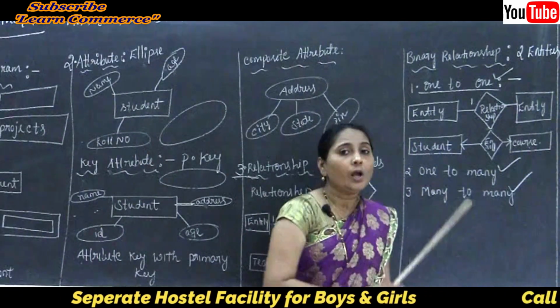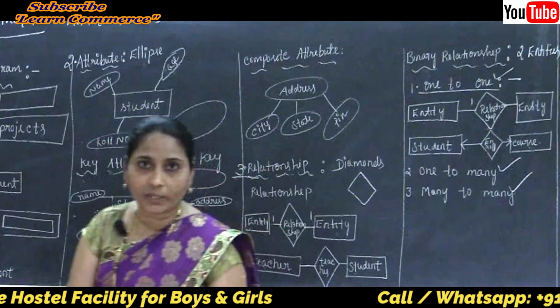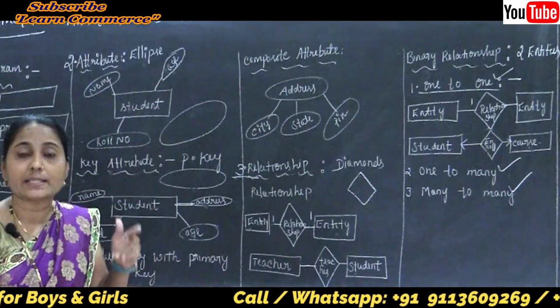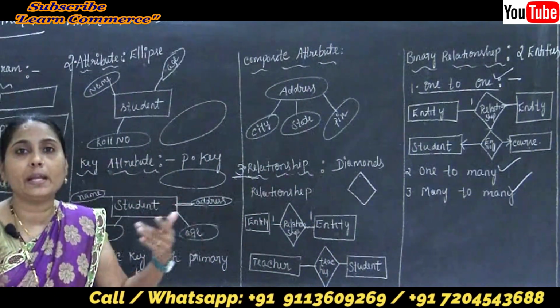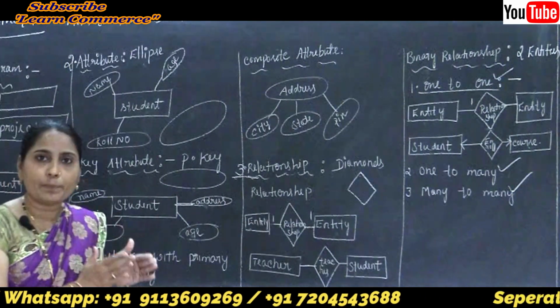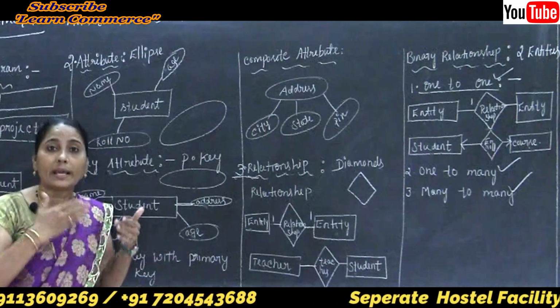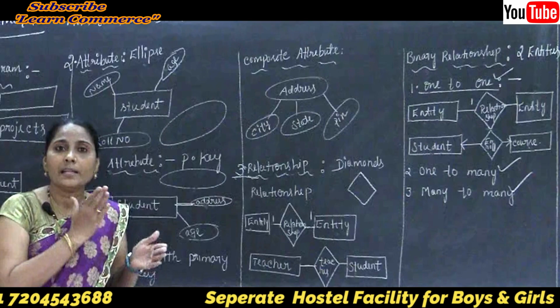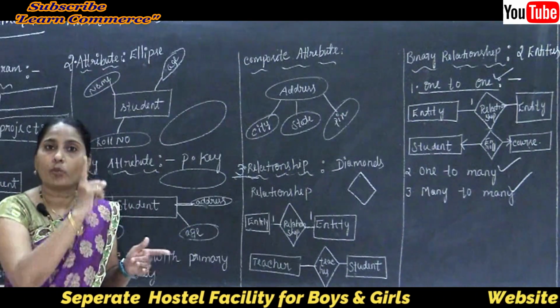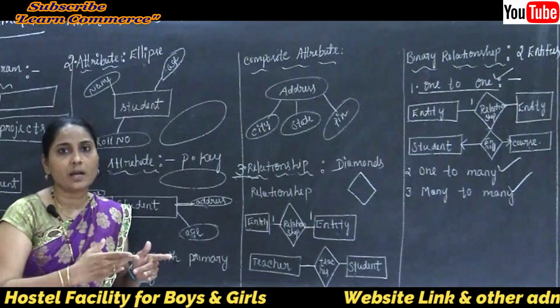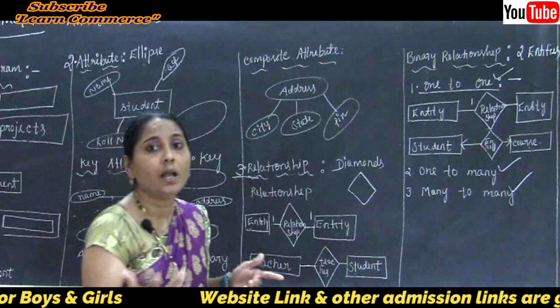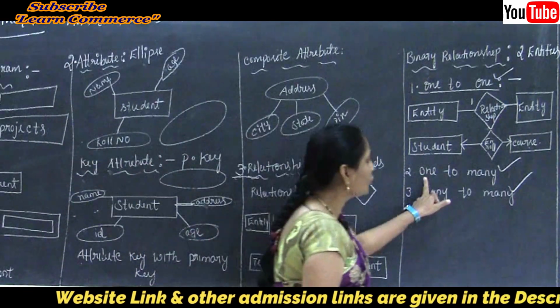Whatever I said, one entity is associated with many of the same entity. Very simply, we can understand it as the student enrolls for only one course, but a course can also have many students there. That is called the one-to-many.